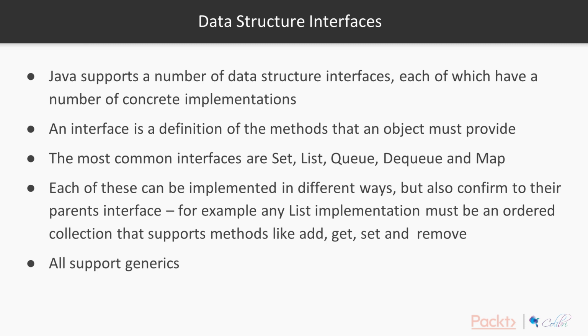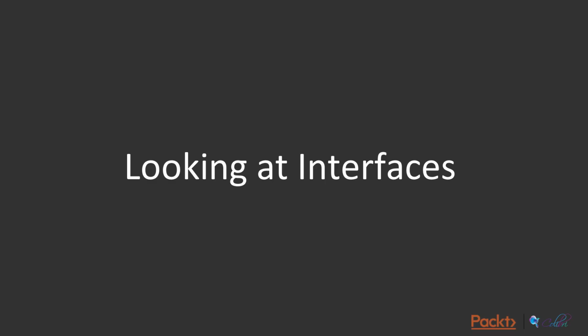We can't then supply a car or a double. So this allows us to be very type safe and very explicit about the formats of the data structures that we're creating, because we're defining the type of data that we're going to put into our data structure at instantiation time. So let's go and take a look at the interfaces.